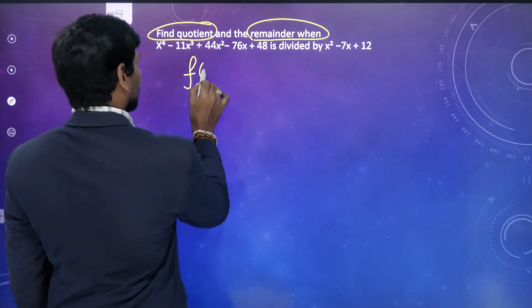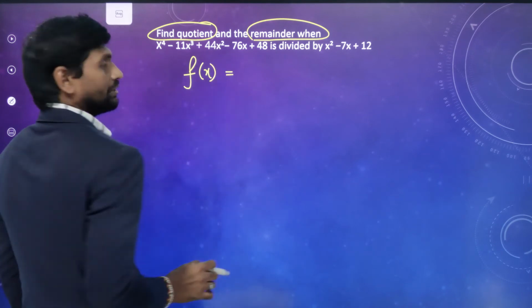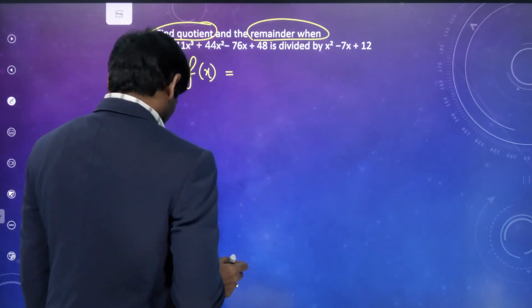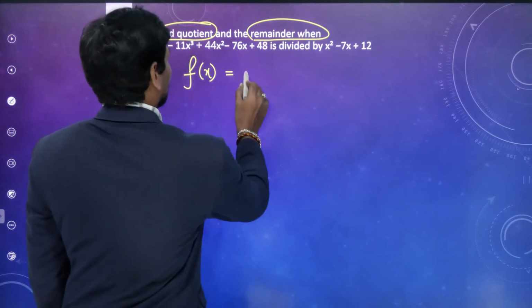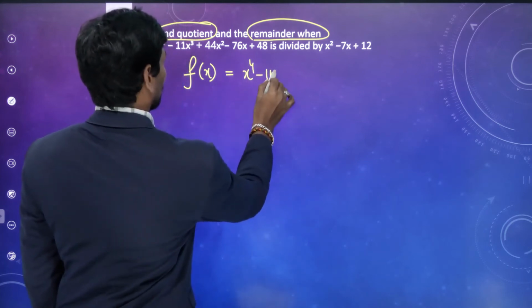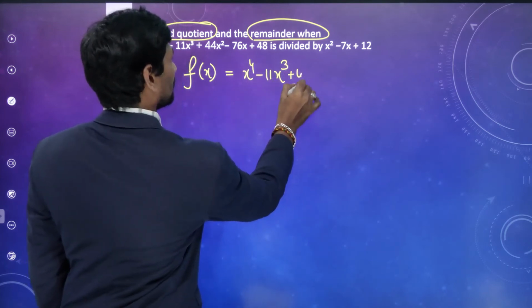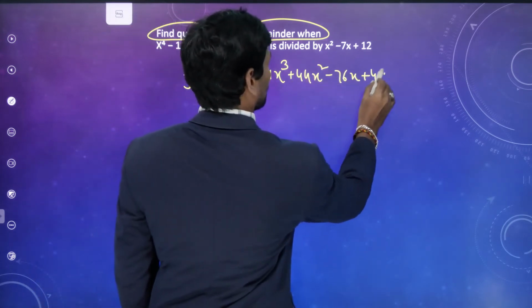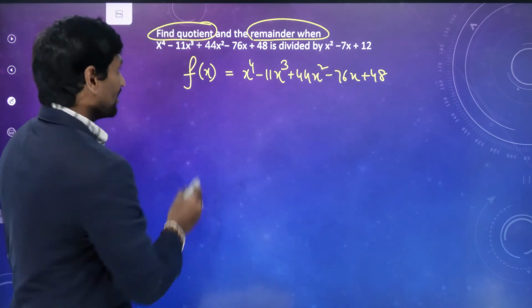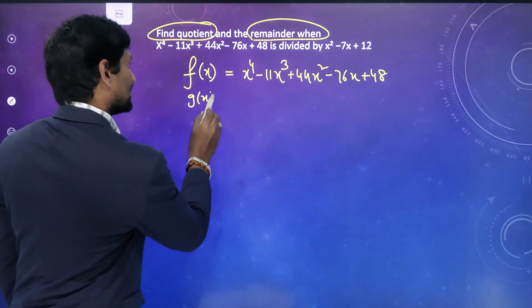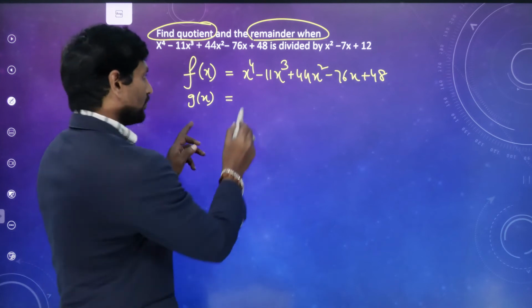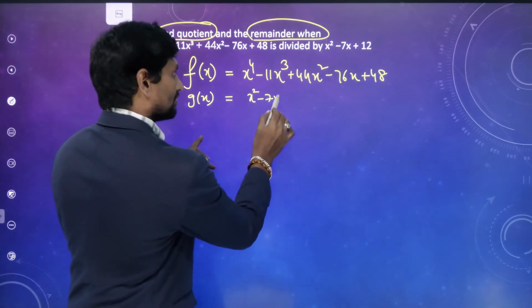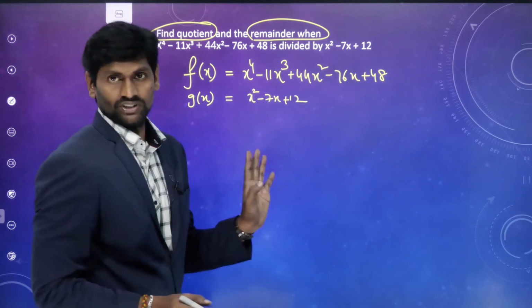First, the given polynomial f of x I am taking is x to the power 4 minus 11x cube plus 44x square minus 76x plus 48. And let us take the quadratic polynomial g of x, x square minus 7x plus 12. Let us find the factors for this first.